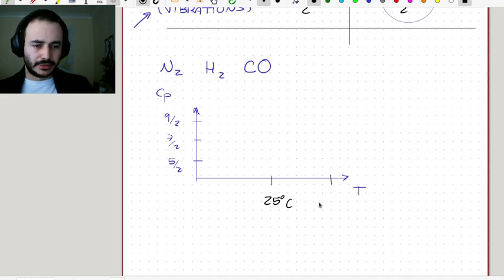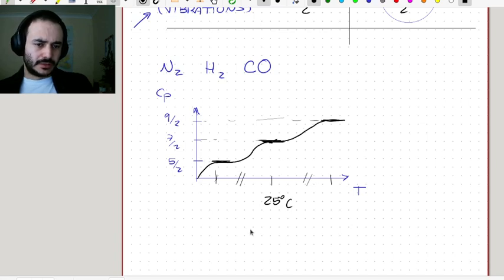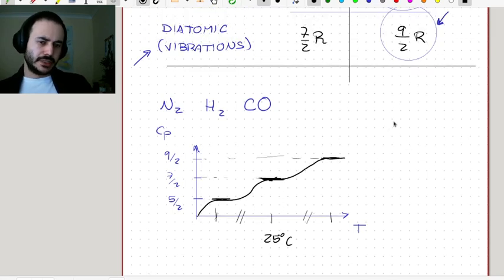So it's like some sort of logarithmic scale or whatever, so maybe broken axis here and broken axis there. What we find is that you're more or less over here in this regime. You find that at very high temperatures you are over there, and you find that at lower temperatures you are actually over here. Okay, and the actual heat capacity, if you plot it all, is going to be doing something funny like this.